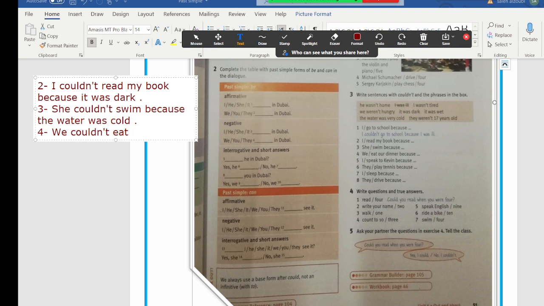We couldn't eat our dinner because we weren't very hungry. Number 5.